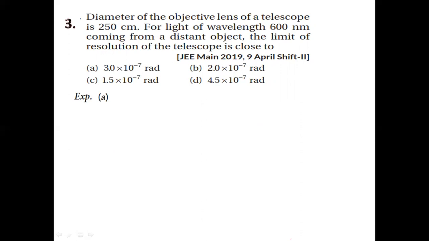In some textbooks, they give it under wave optics, but actually it must be in ray optics only. The diameter of the objective lens is given as 250 centimeter, and the wavelength as 600 nanometers, that is 600 times 10 power minus 9 meter.